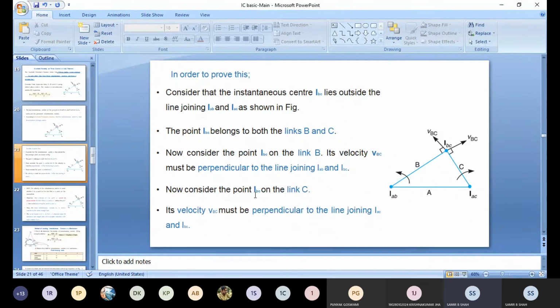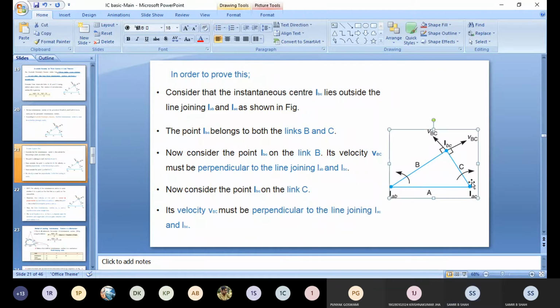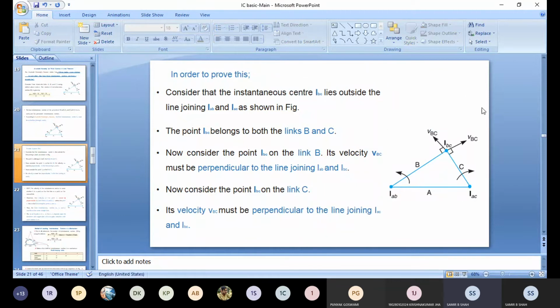So we take the opposite assumption and then prove the remaining side. Consider that the IC center IBC is not on the line through IAB and IAC. We have to prove that it lies on this line, so initially we assume that it does not.